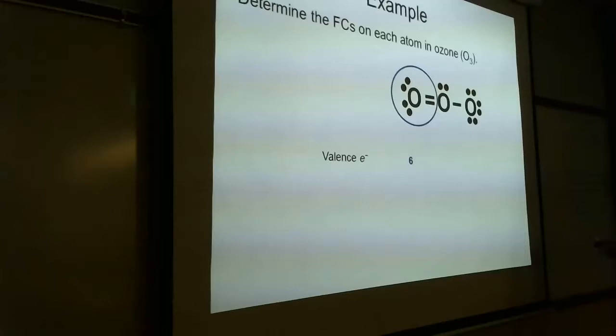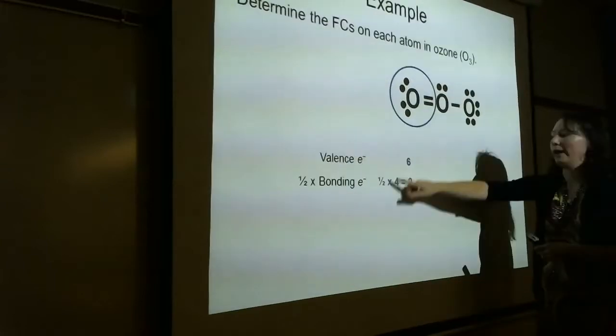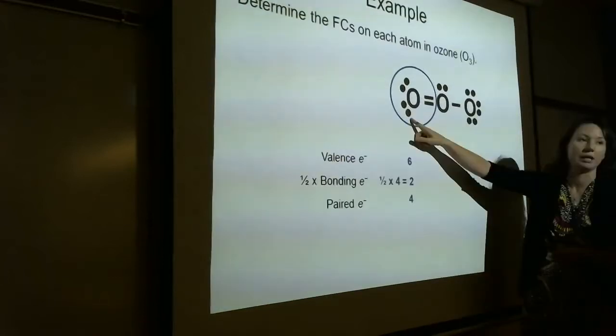Now let's think, how many valence electrons does oxygen have? Look at the periodic table. 6 valence electrons, right? So you take the number from the periodic table. So 6 minus 1/2 of the bonding electrons. Well, I've got 2, 4 in bonds. So 1/2 of that is 2. So 6 minus 2 minus the paired electrons.